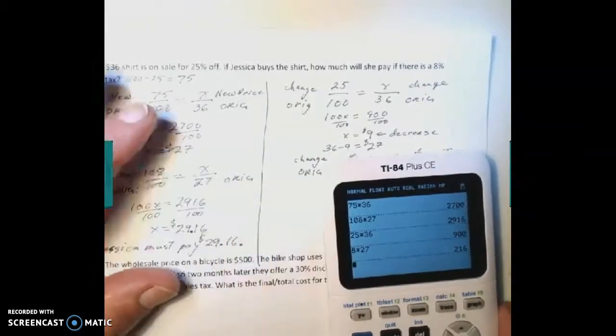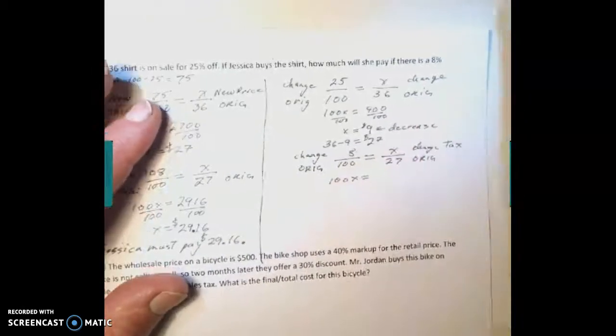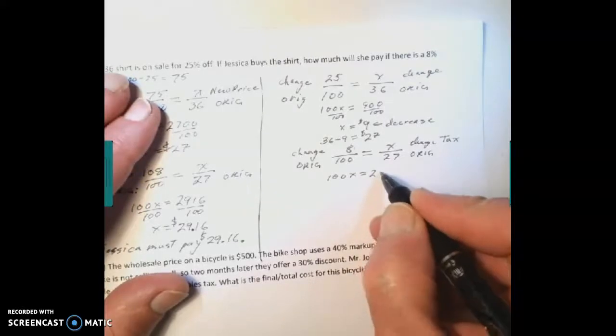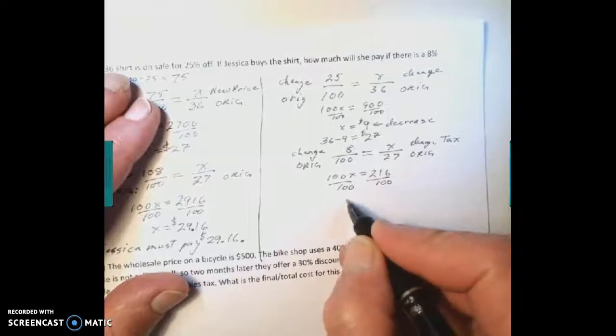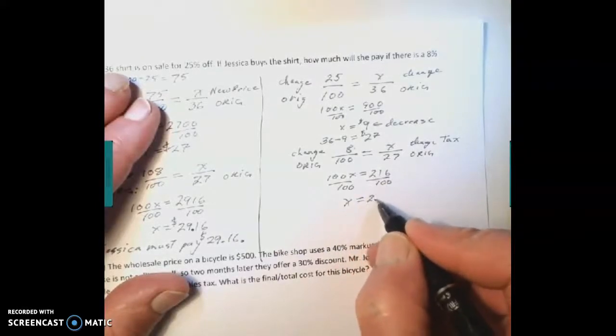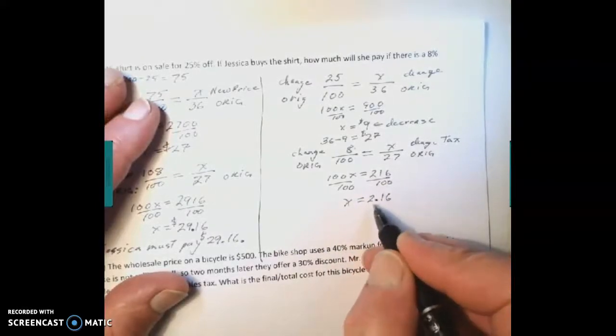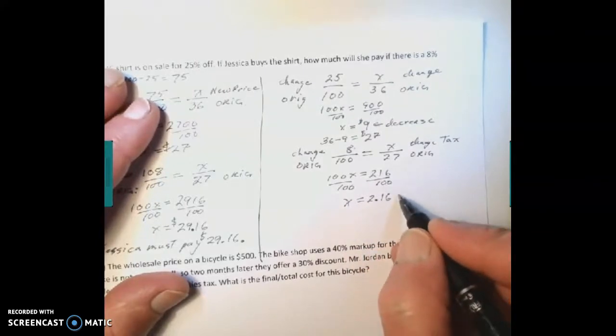and you come up with 216. 216 divide by 100, and you get x equals 2.16, $2.16.